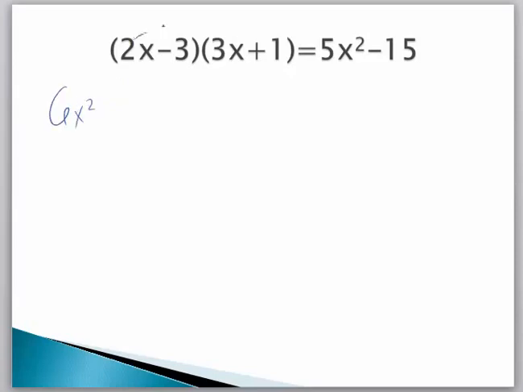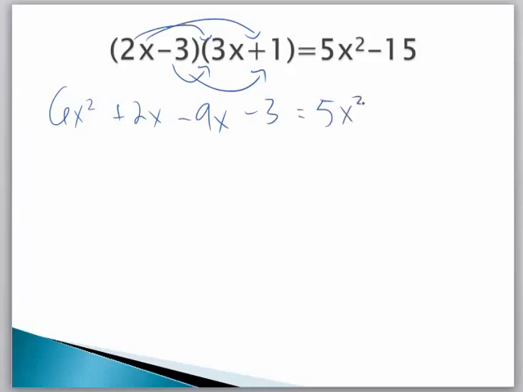FOIL: 6x squared plus 2x minus 9x minus 3 equals 5x squared minus 15. Subtract the 5x squared from both sides, add the 15 to both sides.